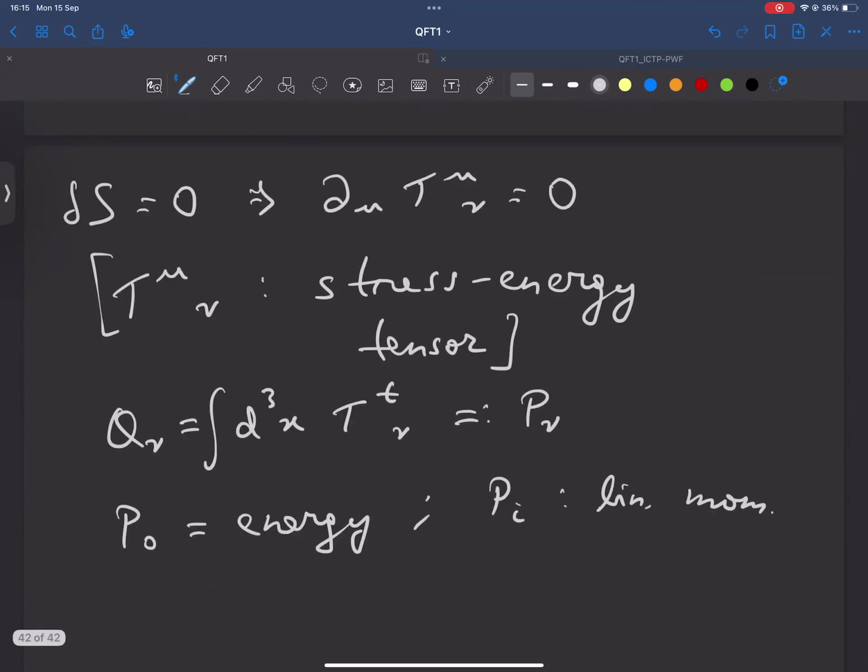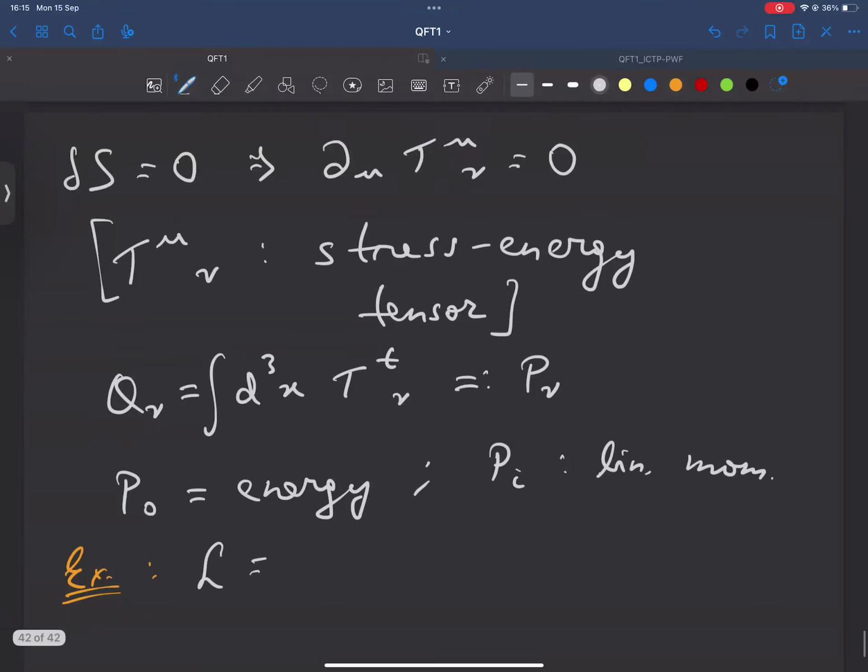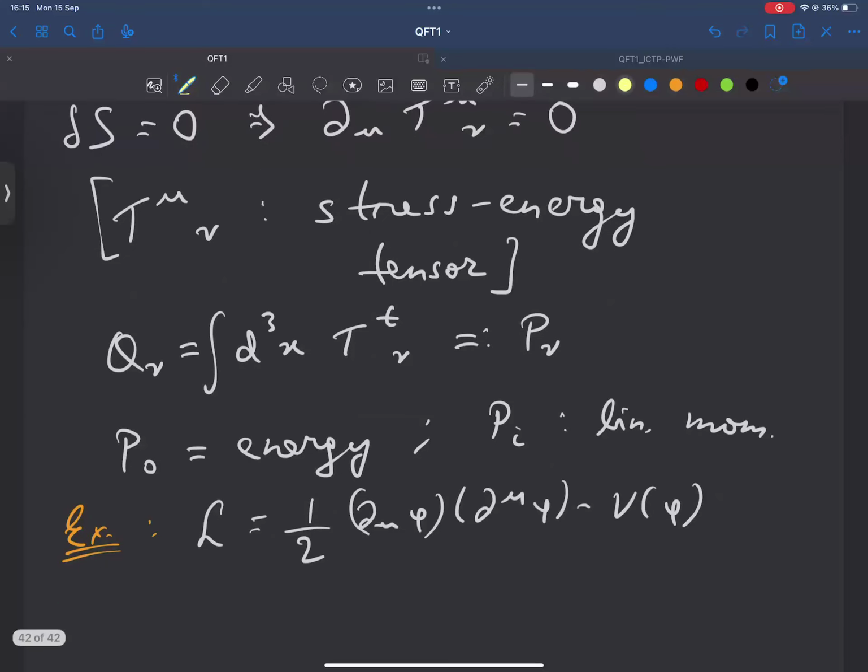And we will see how to do this in an example. Actually, if you want, you can directly give it a try. The exercise is this, but it has been worked out in the lecture notes, so you can look there directly. You just take the scalar field that we discussed and compute these quantities P nu, P0 and Pi from it.